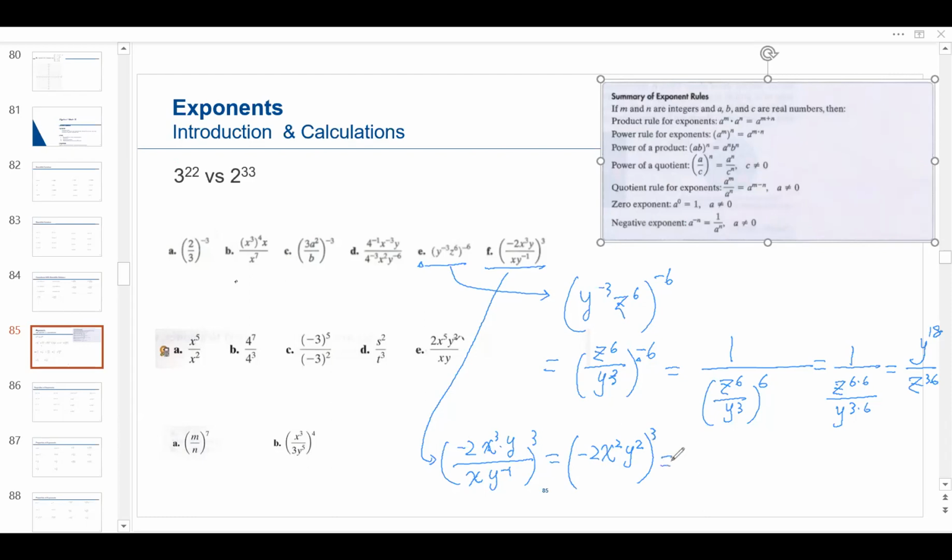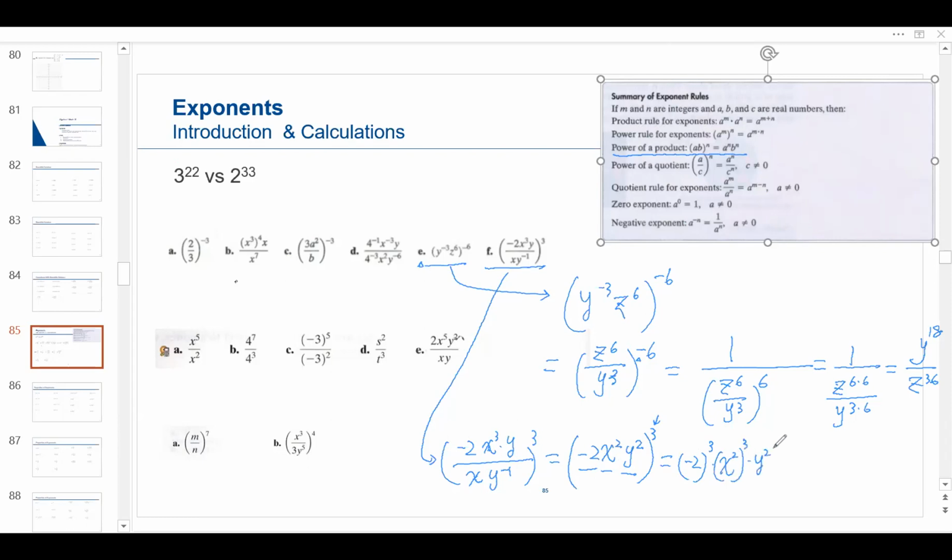All right, what's the second step? This is called the power of a product rule. This base is made of 1, 2, 3 factors, so each of these factors needs to be raised to power 3 by itself, right?